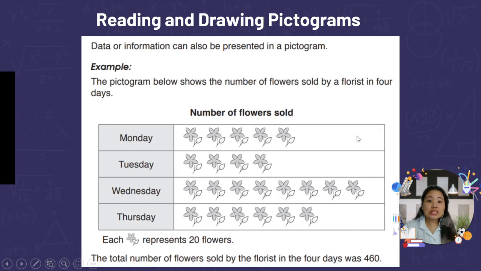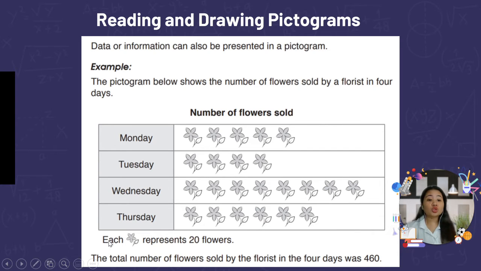So this is not 5. 20 plus 20, that's 40, plus 20, that is 60, plus 20, that is 80, then plus 20, that is 100. So Monday is not 5 flowers. Monday is 100 flowers.